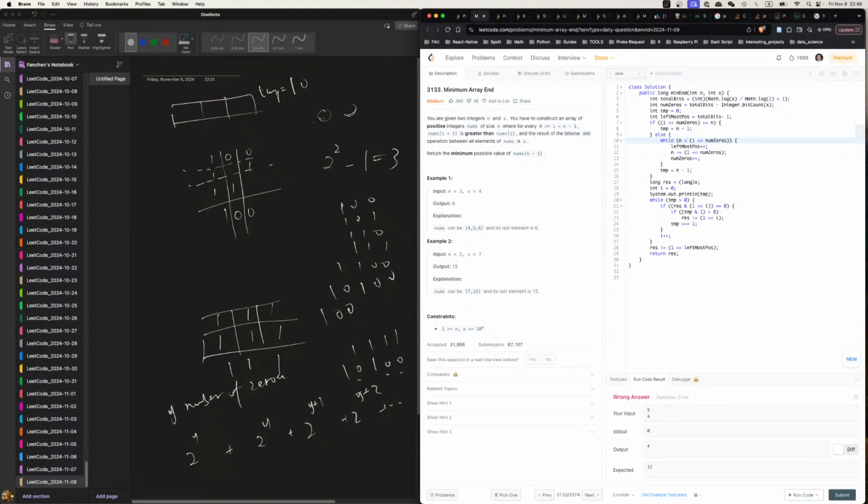And if it's smaller or equal to this, that means I don't even need to do this part, right? I just do this. Then why do you need this? I don't need this. I just say n minus 1. Temp is just n minus 1. Right? I don't just say n minus minus.